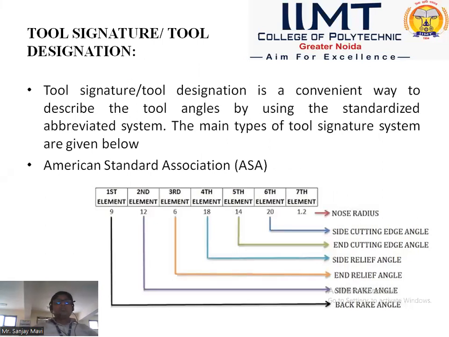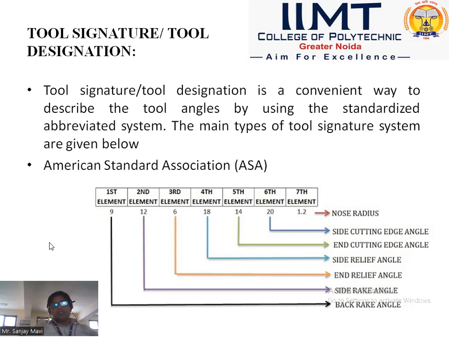Now, let us discuss the tool signature or tool designation. Tool signature or tool designation is a convenient way to describe the tool angles by using a standardized abbreviated system. The main types of tool signature systems are given as ASA. ASA stands for American Standard Association.